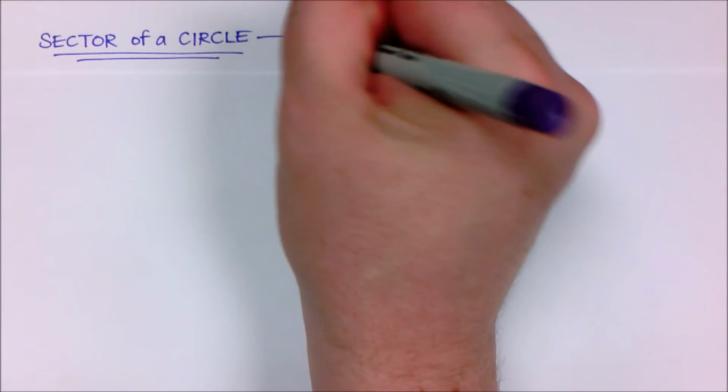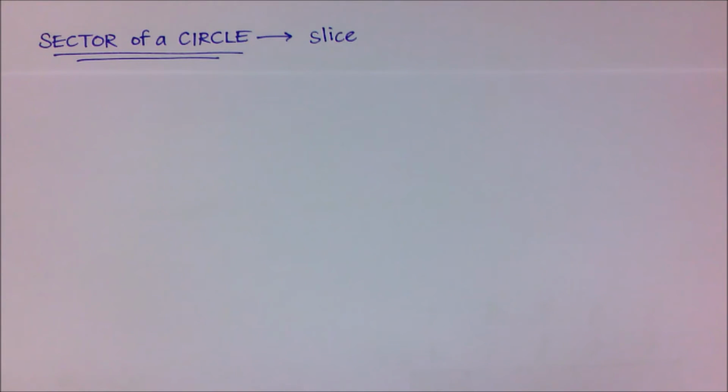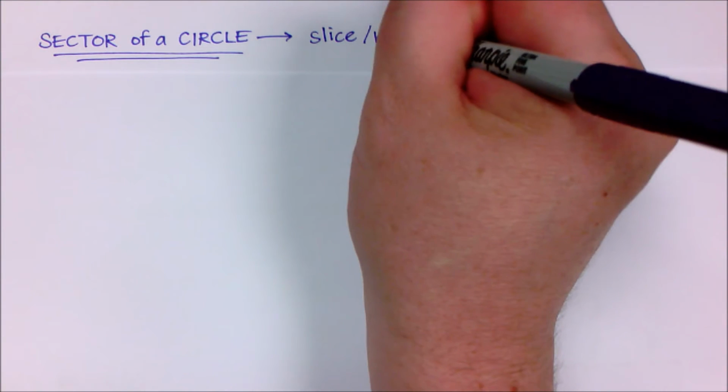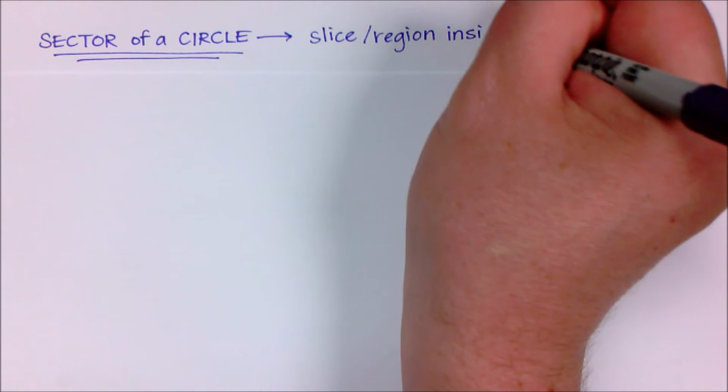So the last part is talking about the sector of a circle. And when we're talking about the sector of a circle, we're really thinking of a slice of a circle. How much area would a slice fill up? So it's going to be a slice or a region inside a circle.